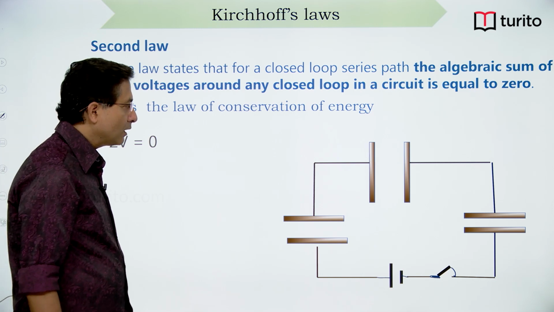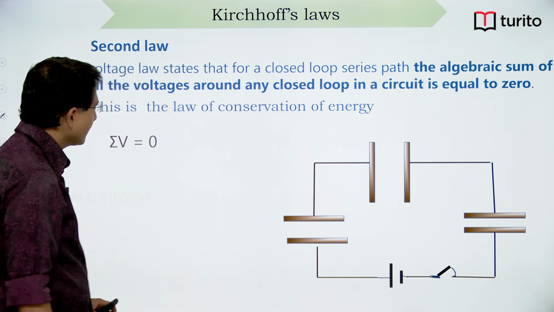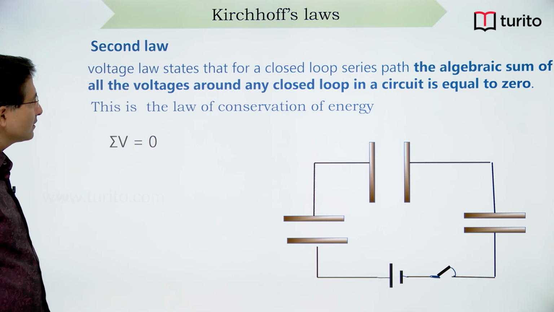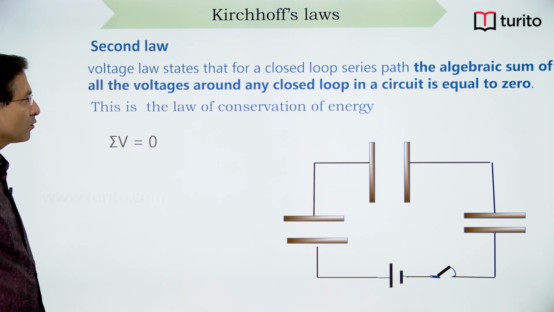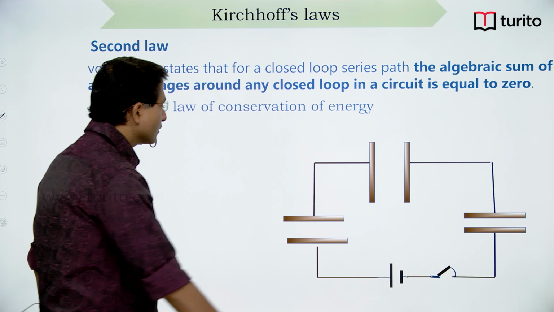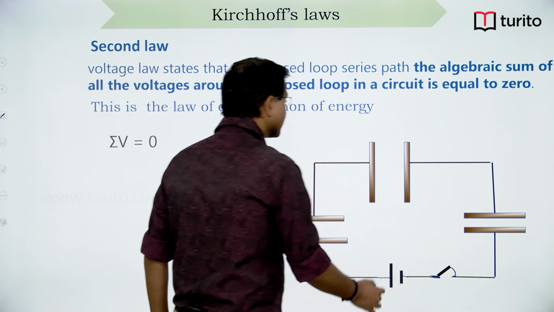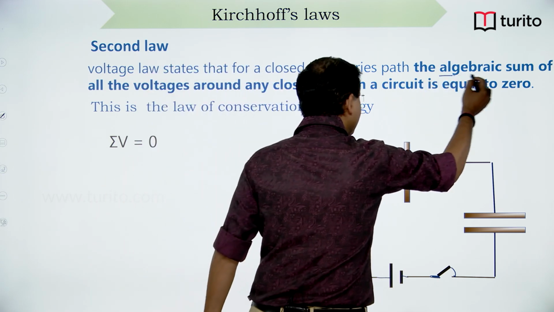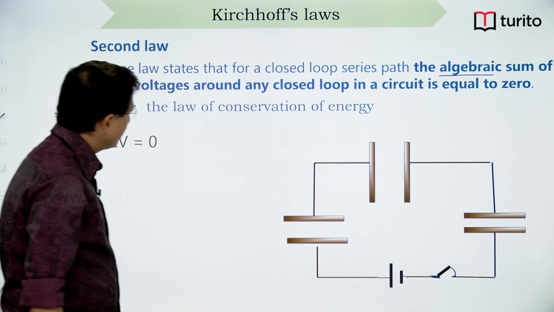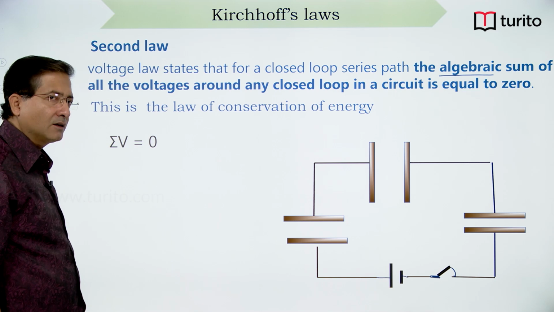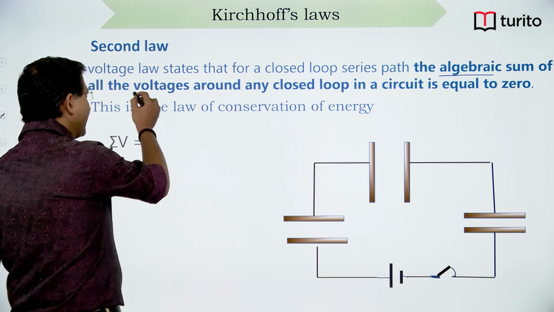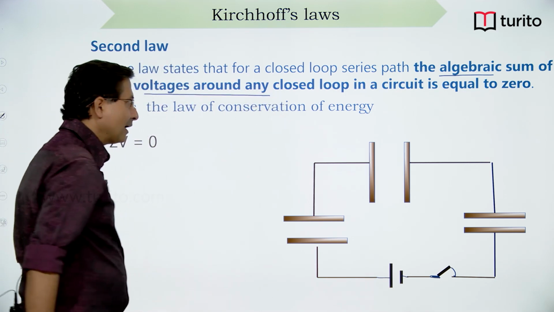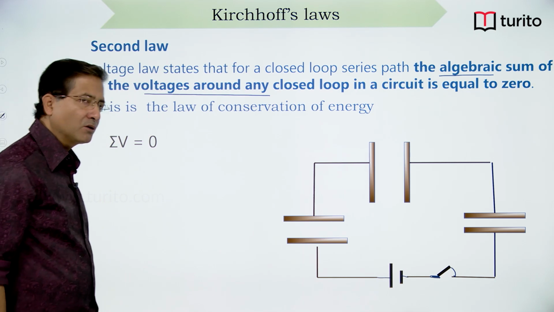According to this law, as you can read, the voltage law states that for a closed loop in a series path, the algebraic sum of the voltage drops around the closed loop is equal to 0.